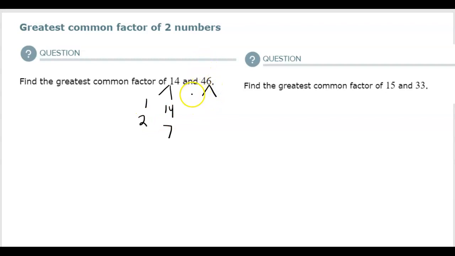If we look at 46, we have 1 and 46, 2 and 23. So the largest factor that they both have in common is 2.